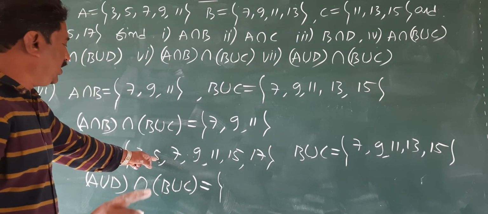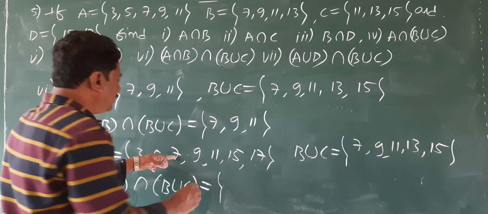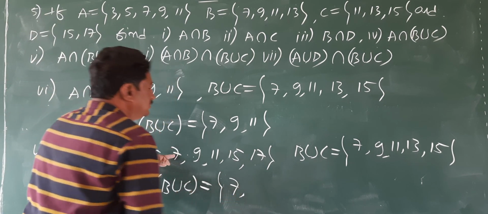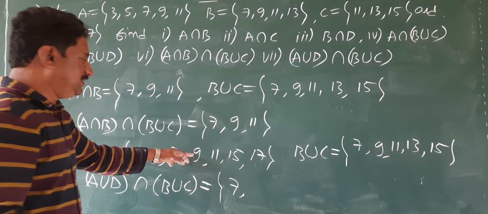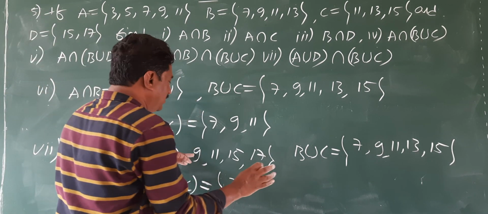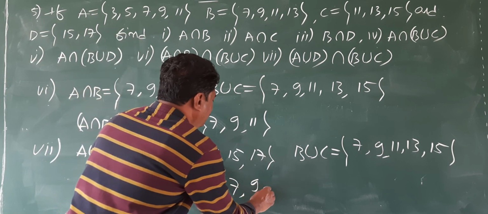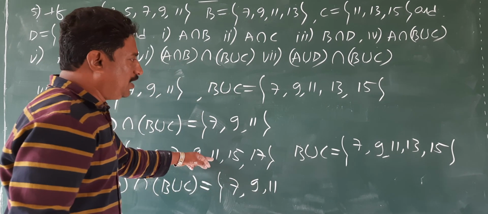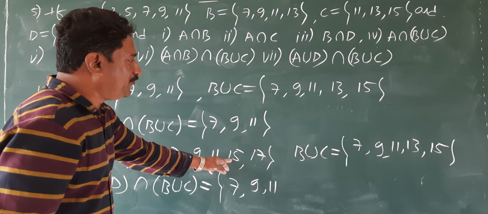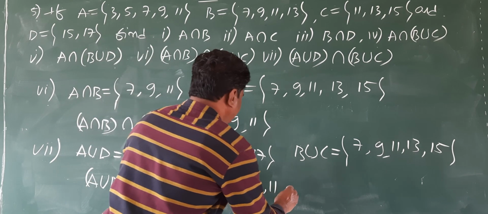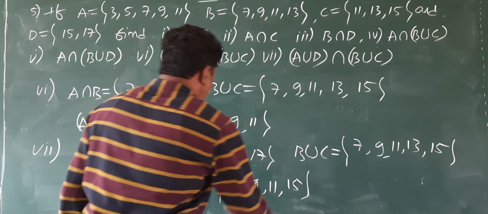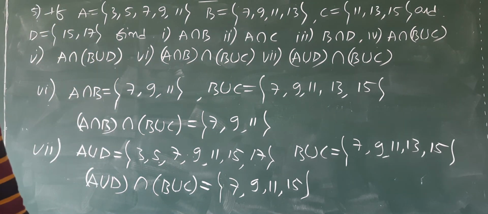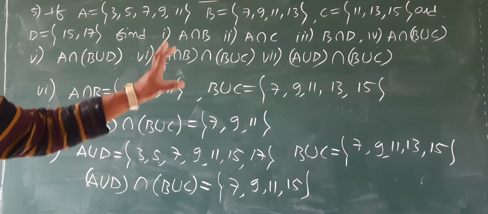No. 5, it is not a common element. 7, it is a common element, we have it in both. 9, is this a common element? Yes. 11 is a common element. Next 15, yes, common element. 17, it is not a common element. This is how we find it. This is how we solve these simple questions.